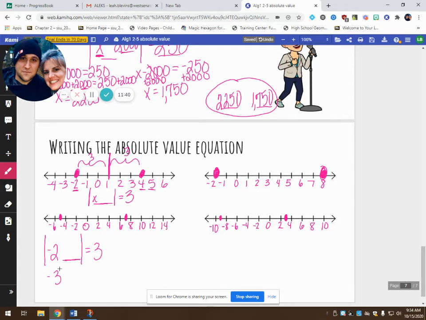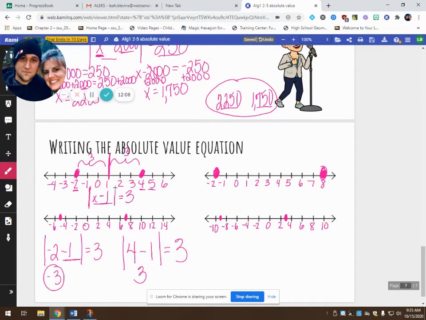Well, the easiest thing to do to get from -2 to -3, right, would be to subtract 1. That's going to give me a -3. I take the absolute value of it, and I get 3. So let's see if that -1 works with 4. Let's plug that in. 4 minus 1 gives me a 3, and the absolute value of 3 is 3.